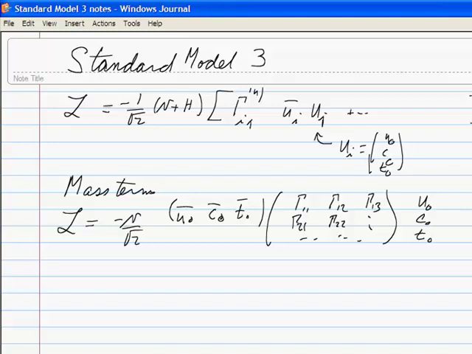So how do we solve this? Well, of course we diagonalize it.